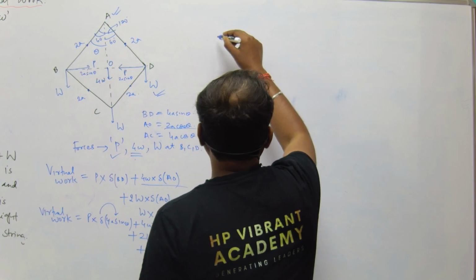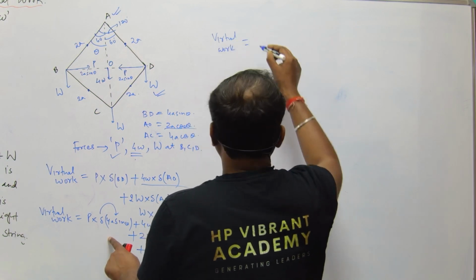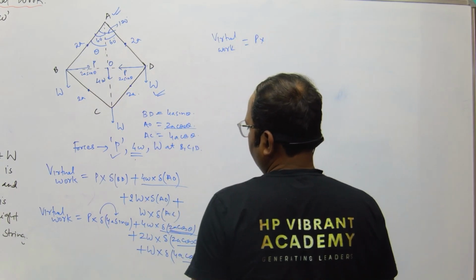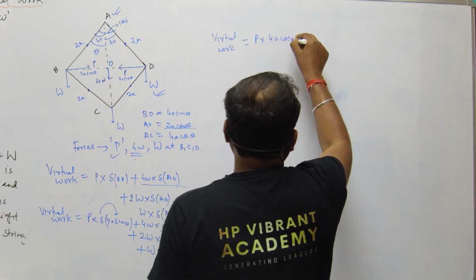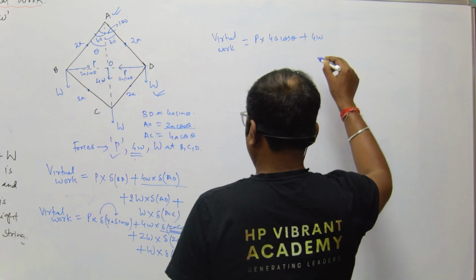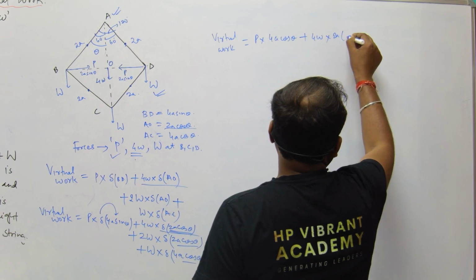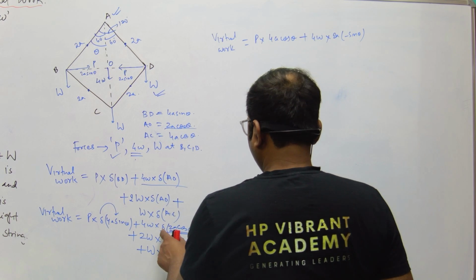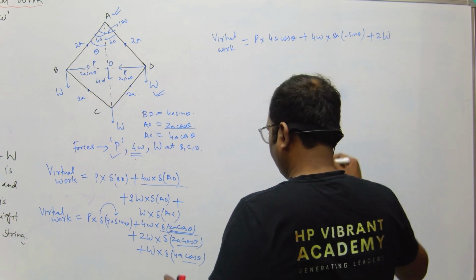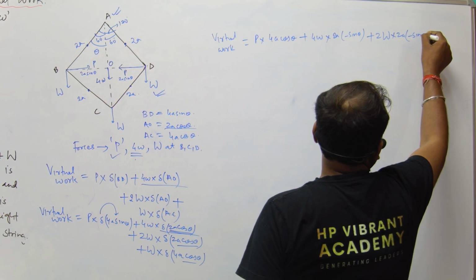So we have the virtual work is equal to P into the differential change of 4A sin theta. So this is 4A cos theta, plus 4W into 2A times minus sin theta. Okay, the differential change of cos theta is minus sin theta. Plus 2 capital W into 2A, the change in cos theta being minus sin theta.